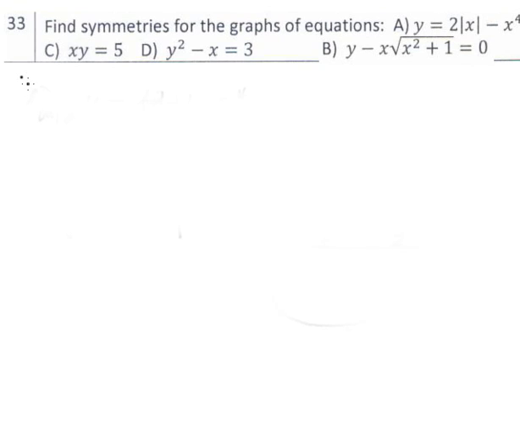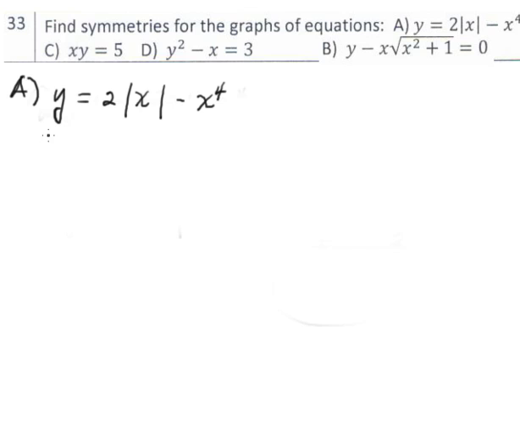Okay, number 33, we're going to test these different equations for symmetries. Let me look at A. We have y is equal to 2 absolute value of x minus x to the fourth.